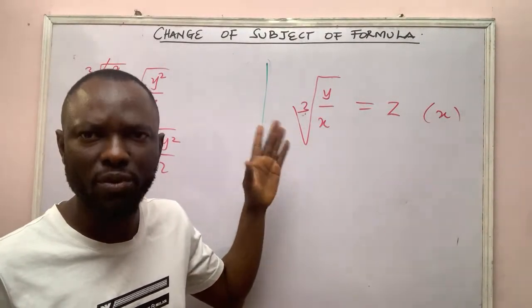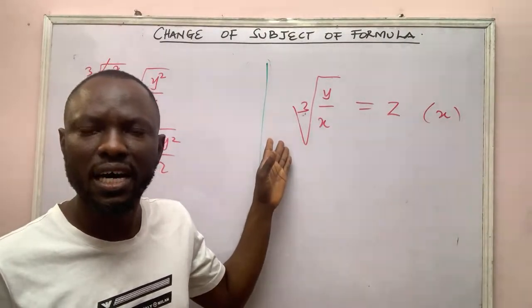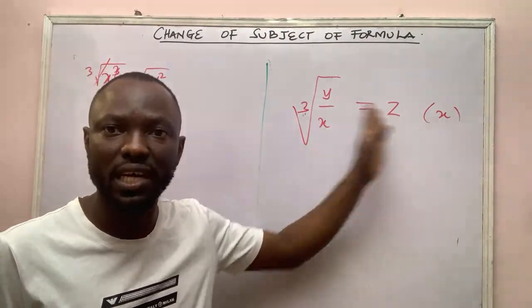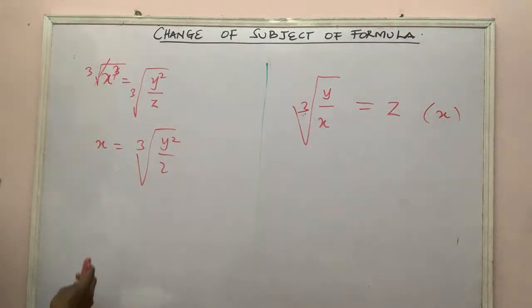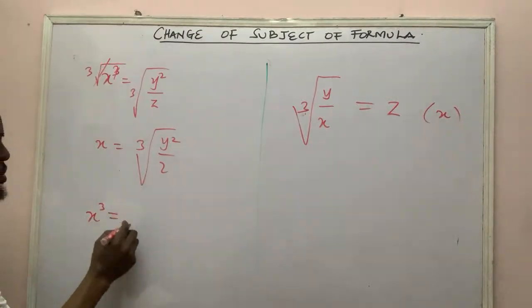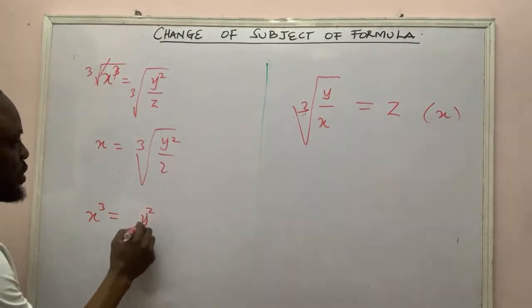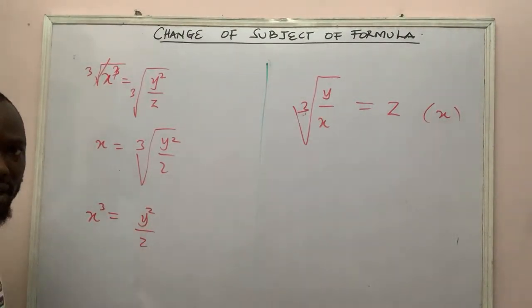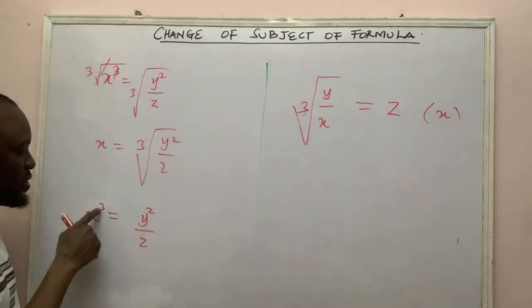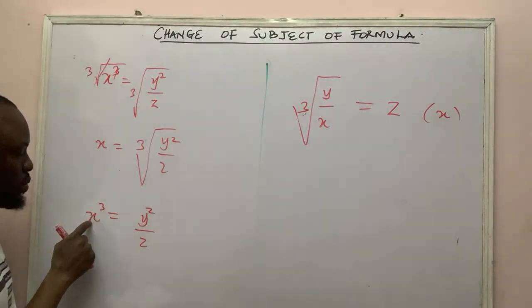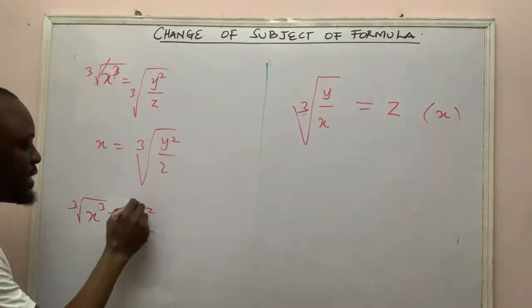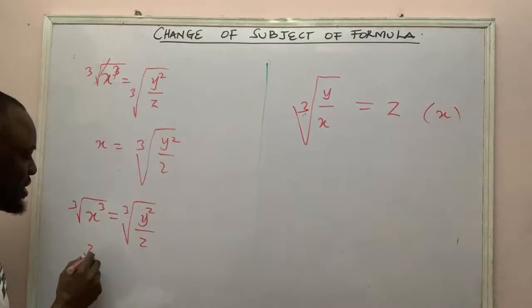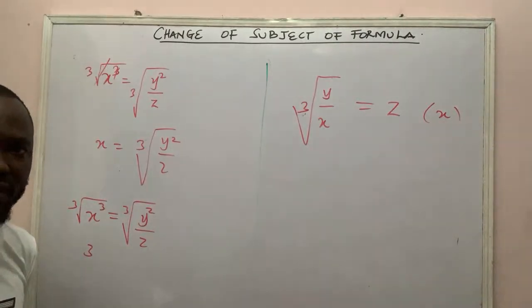Do you understand that? So if I want to get rid of the root, I'm going to find the cube of both sides. So remember, when we have x cubed, and then we have y squared over, I'm taking you back. When we want to get rid of this, we find the third root of both sides. The cube root of both sides.